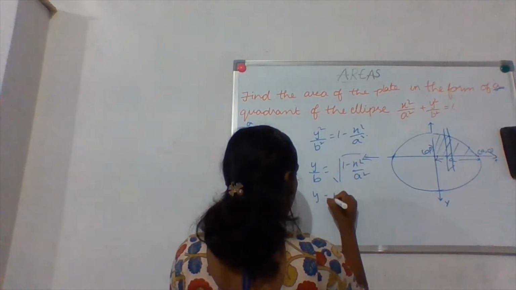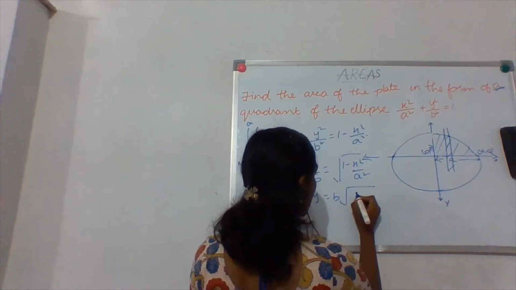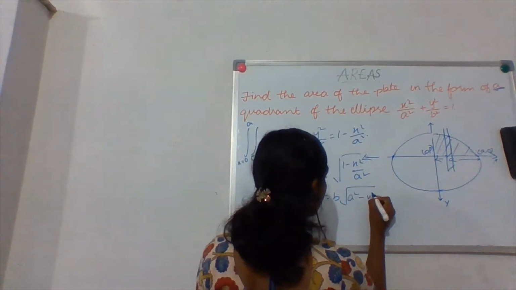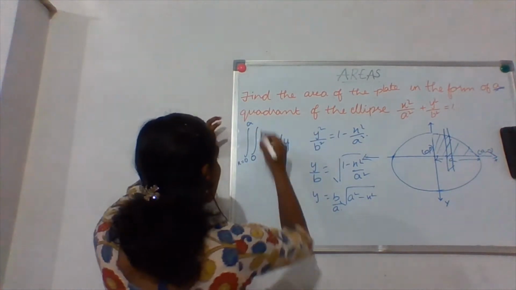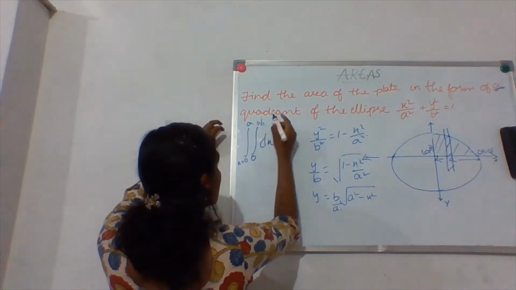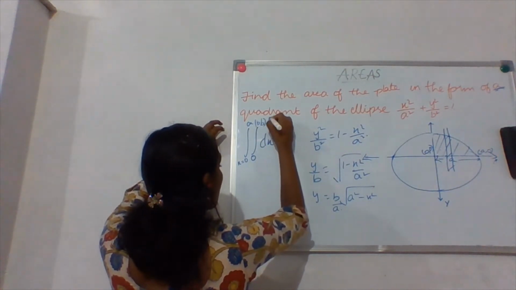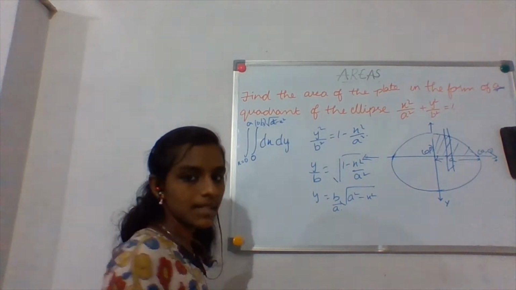So y is equals to b into root of a square minus x square by a, after the calculation. So that will be the limit there: y equals 0 to y equals b by a into root of a square minus x square. Okay, that is the limit.